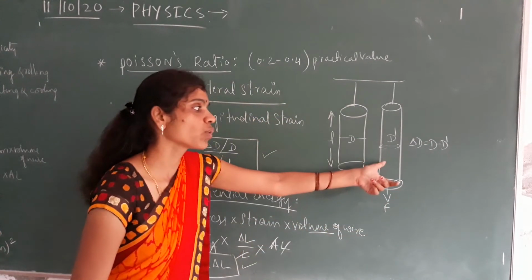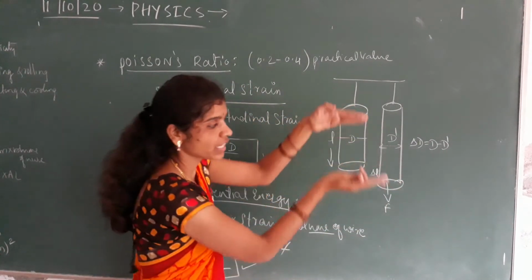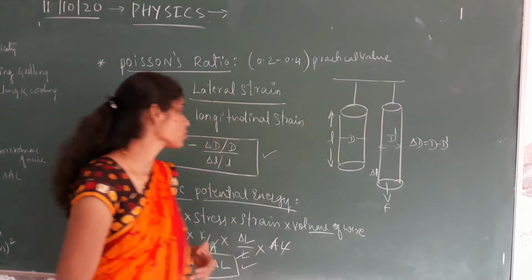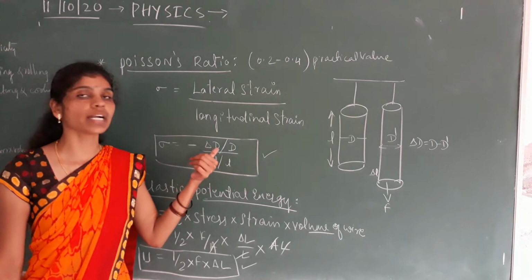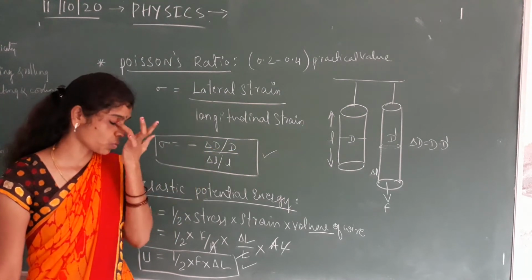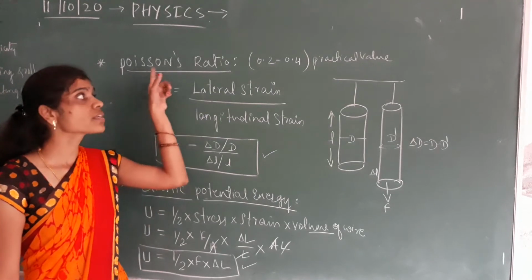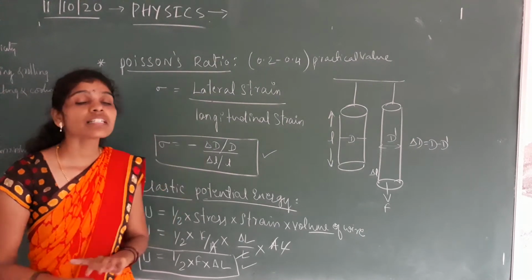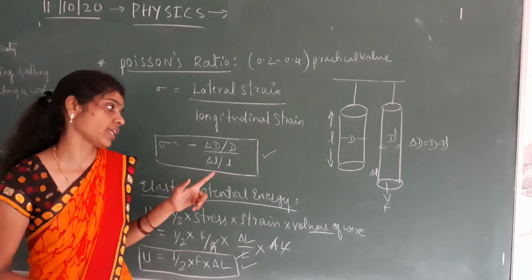So the diameter decreases as the length increases. That is given by the formula delta D divided by D to the change in length to the original length. So Poisson's ratio is given by the formula sigma is equal to lateral strain to the longitudinal strain.